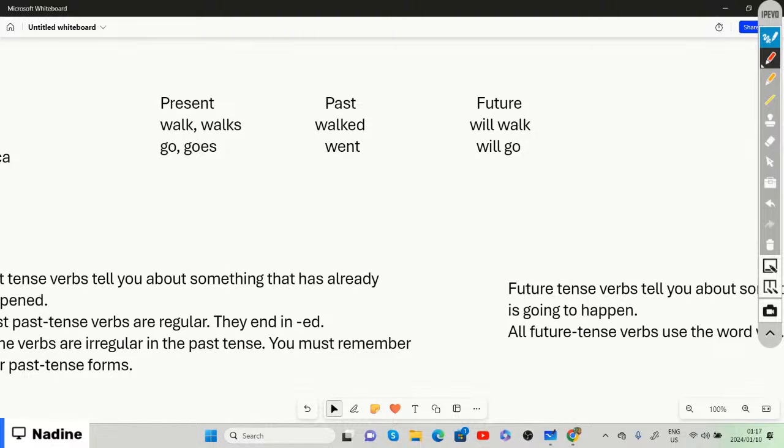If it's singular, we add an S. If it's plural, we don't add an S.